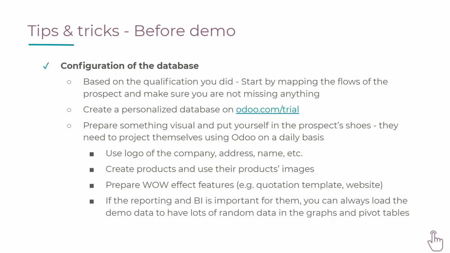Finally, before the demo, when you are preparing the database, actually install the demo data if you want to show some reports. I will show you briefly in a database that we will see in a minute how you can actually do that. That's really important simply because it gives you a lot of contacts, products, sales orders, purchase orders that are useful when you want to show reporting tools.